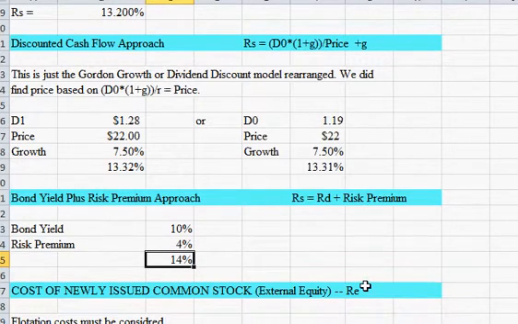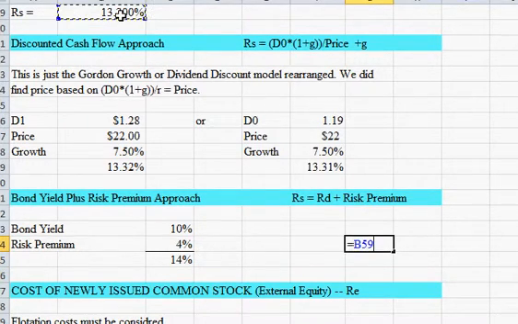So our next step then would be to add those three estimates up and divide then by 3 to get an average overall. So our average overall would be the 13.2% that we calculated using capital asset pricing model. Add to that the estimate using dividend discount model.